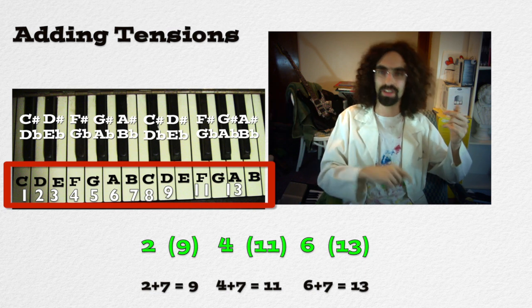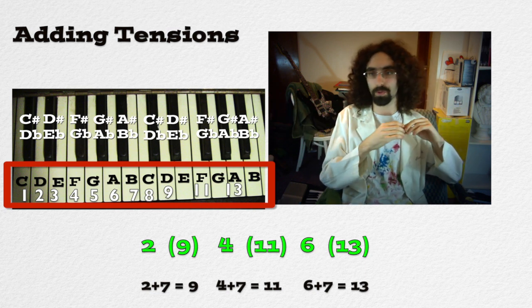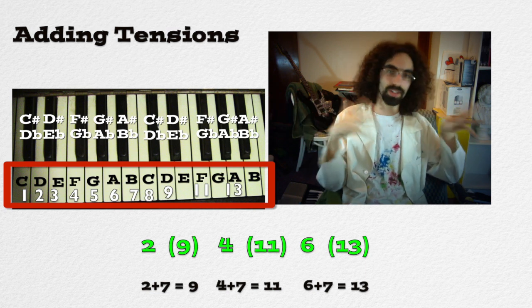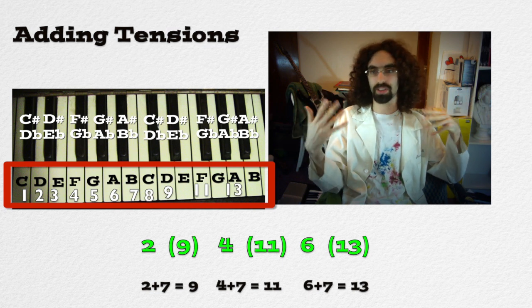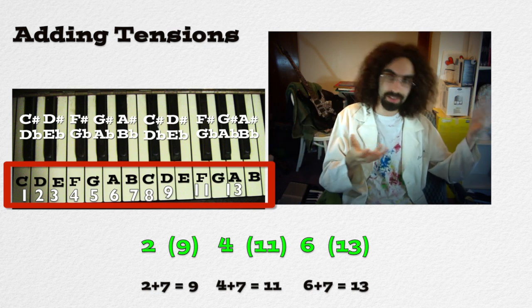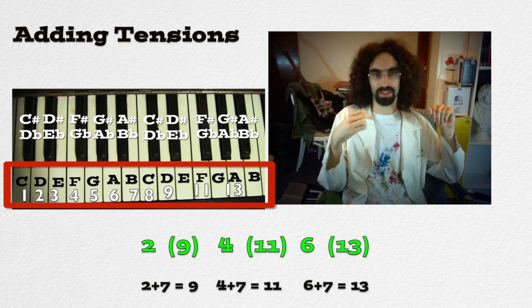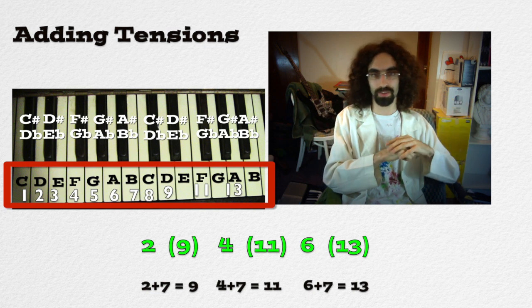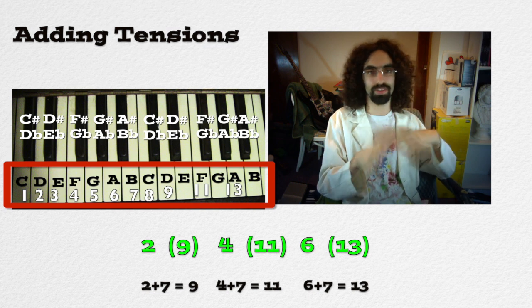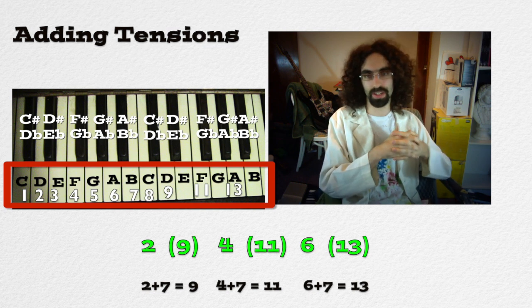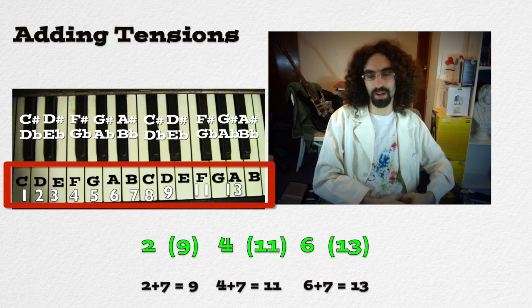Oh yeah, that's 2. You subtract 7. Same goes for 4. 4 is 11. 11 is 4. 6 is 13. 13 is 6, of course. And so you just add 7 to 2, 4, or 6 to figure out whether it's 9, 11, 13. It's a quick trick to remember what they are when they're called tensions.